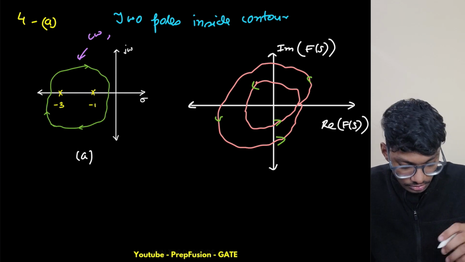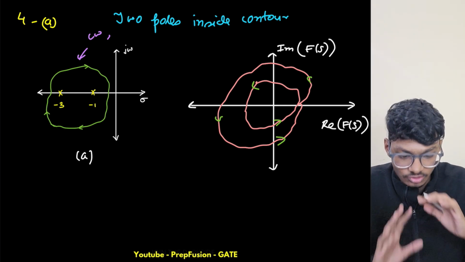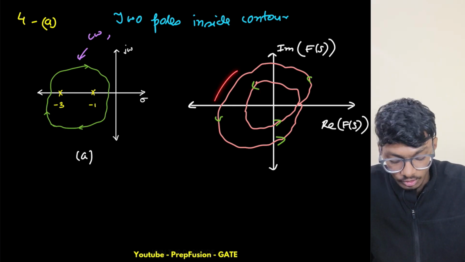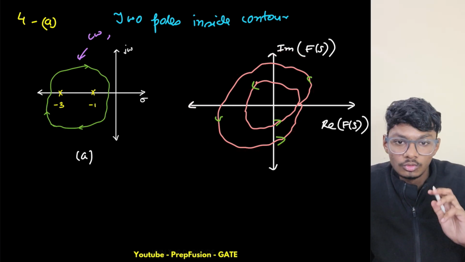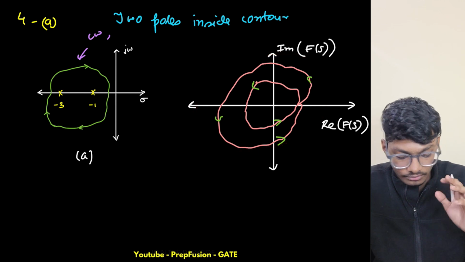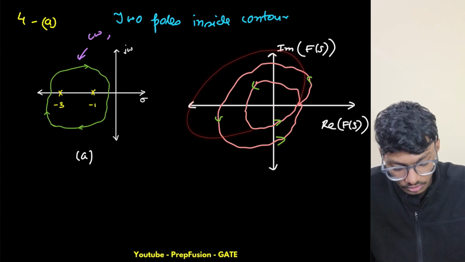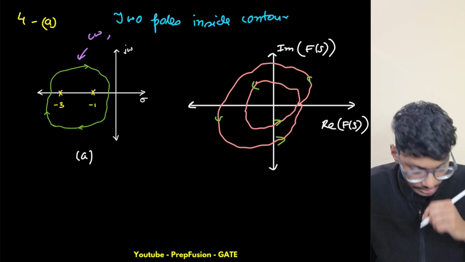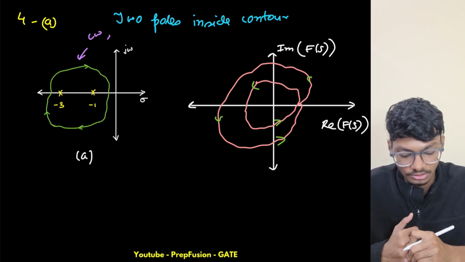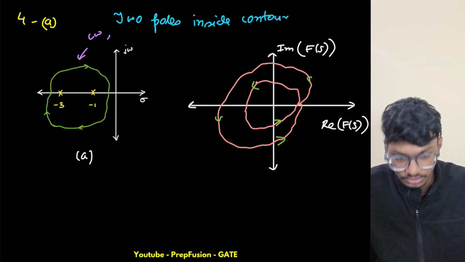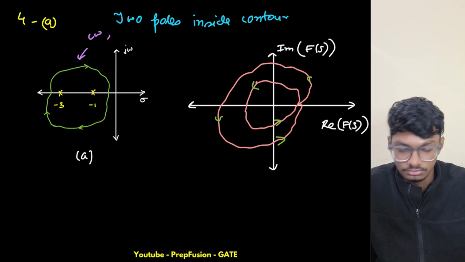I'm just assuming this is how my contour would look like. So obviously I will have only one single point, but my contour will have two rotations around this origin. Around this origin I will have two encirclements. I will tell you the difference also between encirclements and other things. So yeah, I will have two rotations for the first question. I hope you got the concept, right?